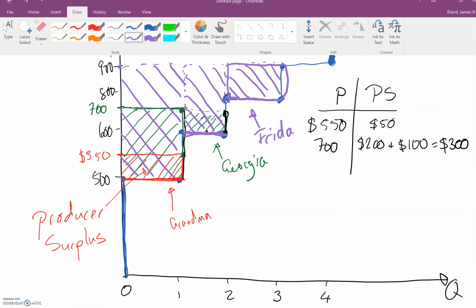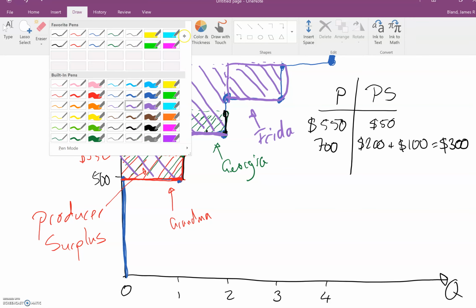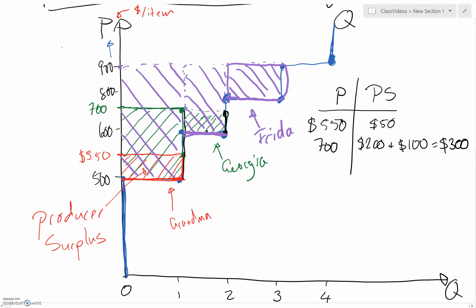Okay, so to work out the producer surplus here, at a price of $900, we have 3 items being sold for $900, and then Grandma has a cost of $500, Georgia has a cost of $600, and Frida has a cost of $800.